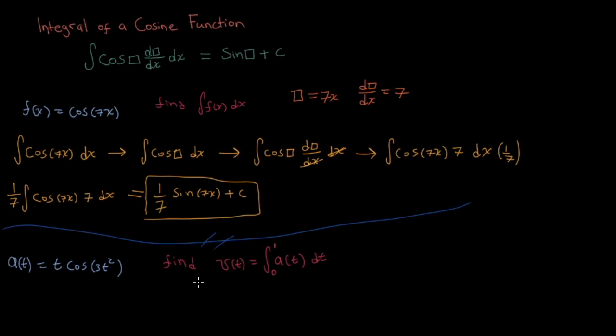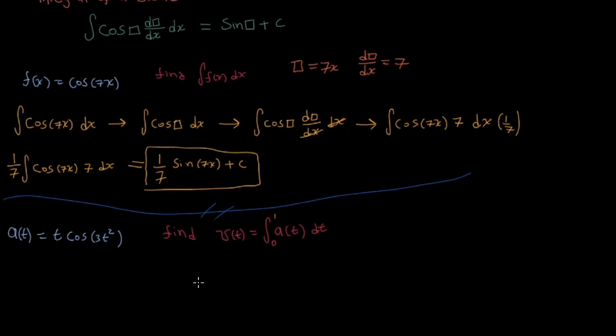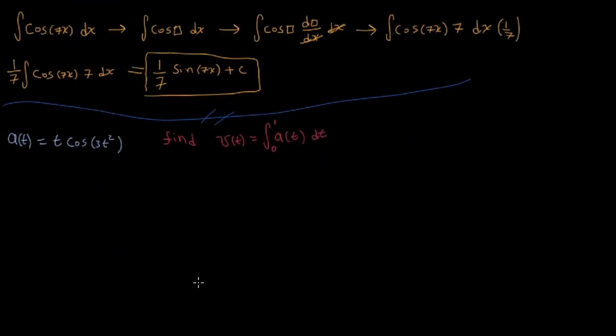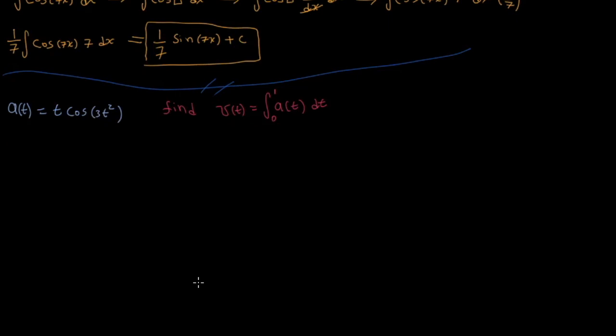So in a similar manner, what we're going to do is define our placeholders. We're going to write our placeholder box, use a different color, box is equal to whatever is in this bracket here, which is equal to 3t squared.